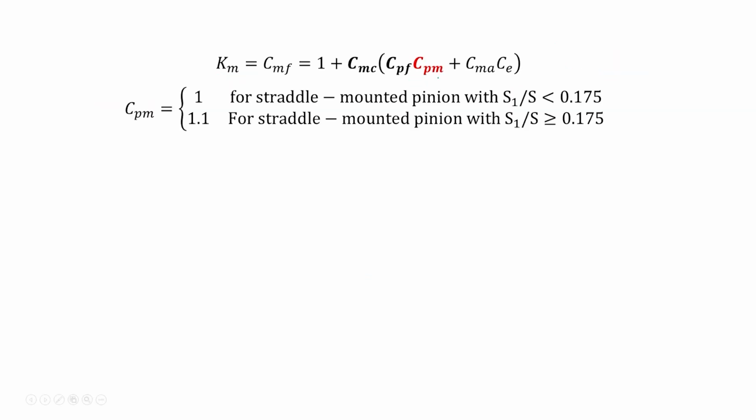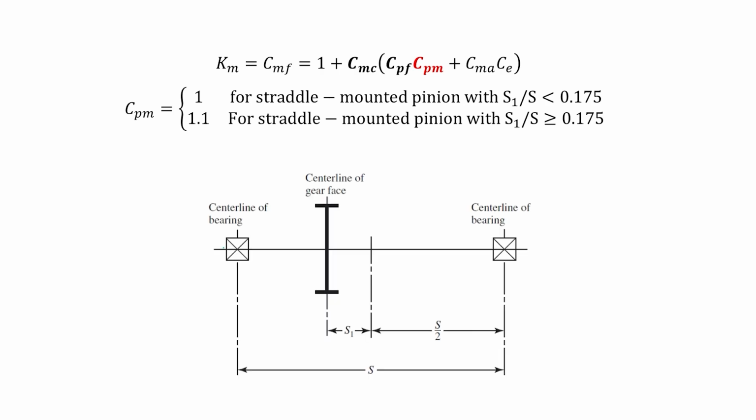Now, CPM depends on what type of mounting it is. This is the shaft and these are the bearings, and the gear is mounted like a simply supported beam, and this is the mid of the support, midway.